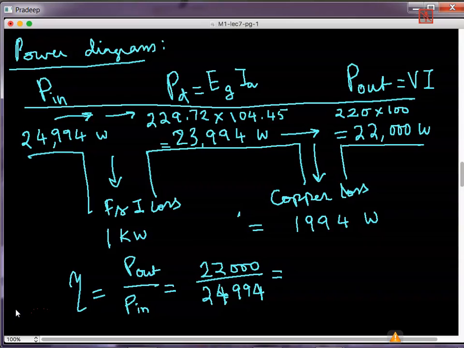So we are getting 0.88, or this is nothing but 88%. So this is the overall answer for the question. So any doubts about this question?